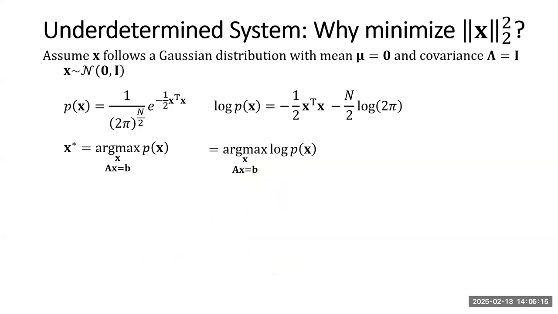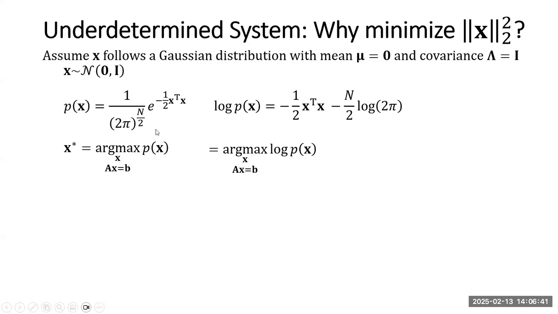We must satisfy Ax equals b, but we want to find which of those x's satisfying Ax equals b is most likely. In other words, we want to maximize this p of x subject to Ax equals b.